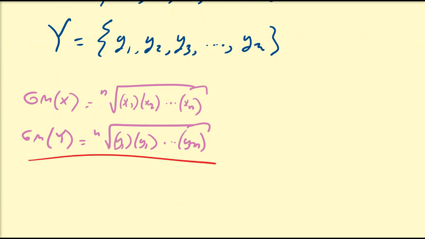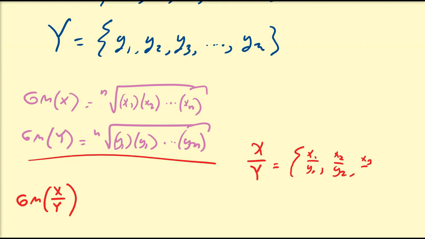So based on these two, we can actually get a useful identity for the geometric mean. What is the geometric mean for the set x over y? I'm going to define x over y to be the quotient of corresponding entries: x1 over y1, x2 over y2, x3 over y3, all the way down to xn over yn. And if x and y are different sizes, you can be clever by multiplying by 1 and have a slight variation of this identity.